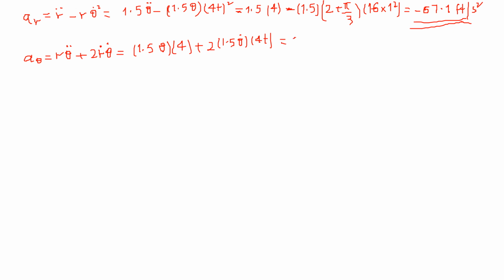now we're replacing this 1.5 times theta at time 1, so now I want to find here t equal 1, and here also t equal 1, so 1.5 times 2 plus pi over 3 times 4 plus 2 times 1.5, and theta dot is simply 4t.